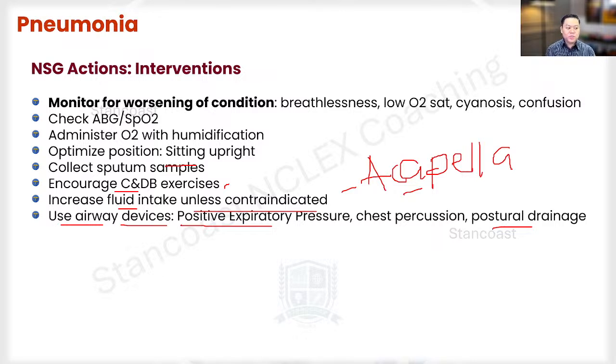And this is going to be done by the respiratory therapist to dislodge those thick secretions in the lung fields. And definitely we have to encourage the patient to mobilize as early as they can tolerate as well, in order to improve their ventilation and to clear their secretions, and also to reduce their risk of the lung collapse.